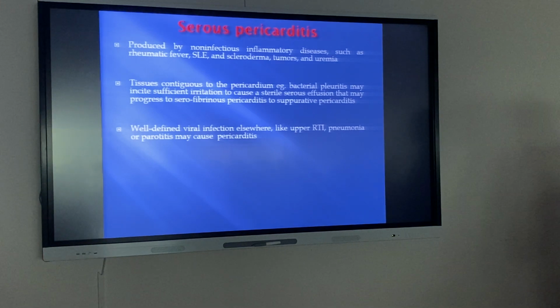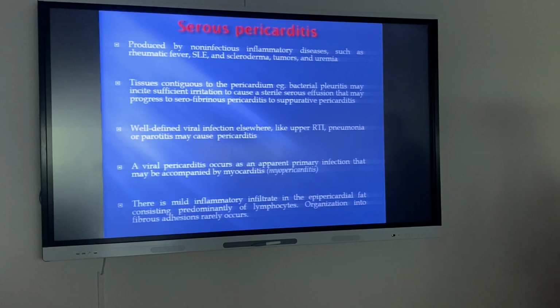Well-defined viral infection, especially of the upper respiratory tract, pneumonia, parotitis, may cause pericarditis. Again, these are viral infections, and when viruses come, what cells do you see in viral infection? The main primary cell? Lymphocyte, not neutrophil, even if it is acute. You will see lymphocytes in viral infection.